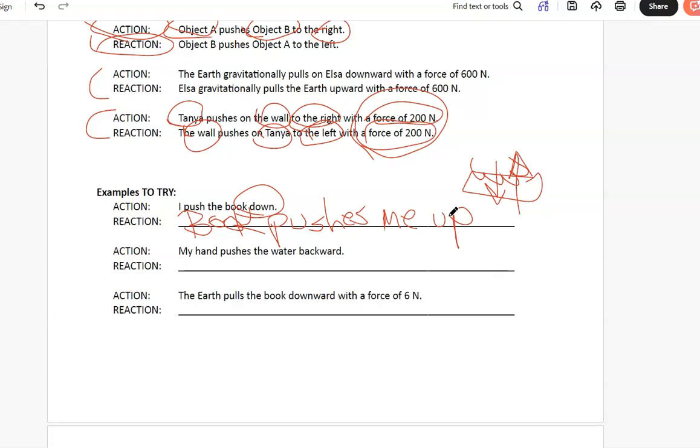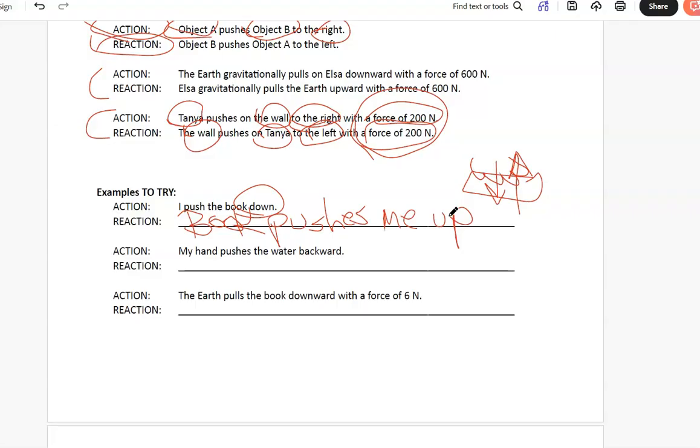The second one is my hand pushes the water backward. Well, you can imagine if you're in a boat or you're in say a canoe and your paddle has fallen and you're trying to push over to shore. You might be on a raft in a pool and you're using your hands to push water backwards. Why? To drive you to move forward.